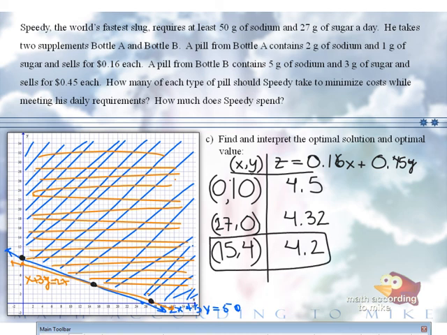But what's the interpretation? 15 pills from bottle A and 4 pills from bottle B would be the lowest cost of pills. What is the lowest cost? $4.20. So Speedy should take 15 pills from bottle A, 4 pills from bottle B, and he'll spend $4.20.